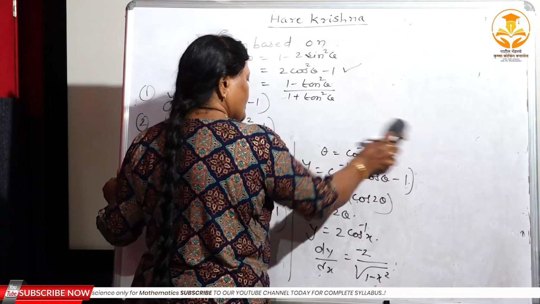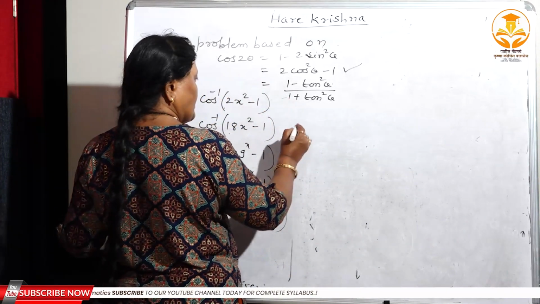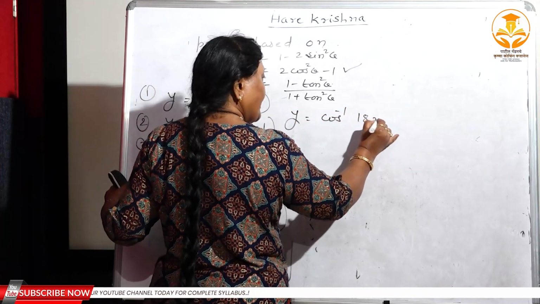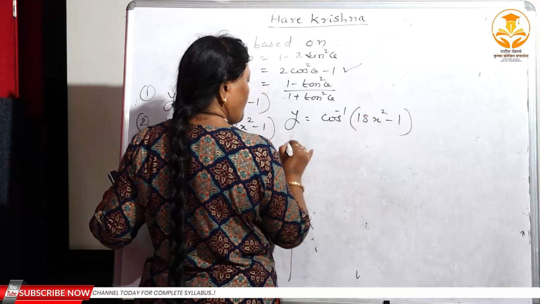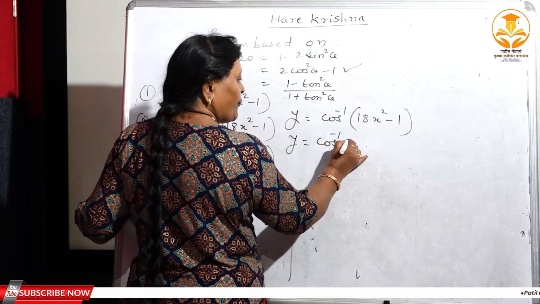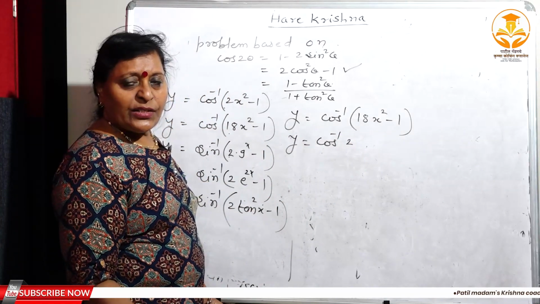Right? Suppose I take the second one. See, second one, y is equal to cos inverse of 18x square minus 1. Again, what do you want? Here you want 2. Therefore, when you take 2 from 18, what remains? 9x square.